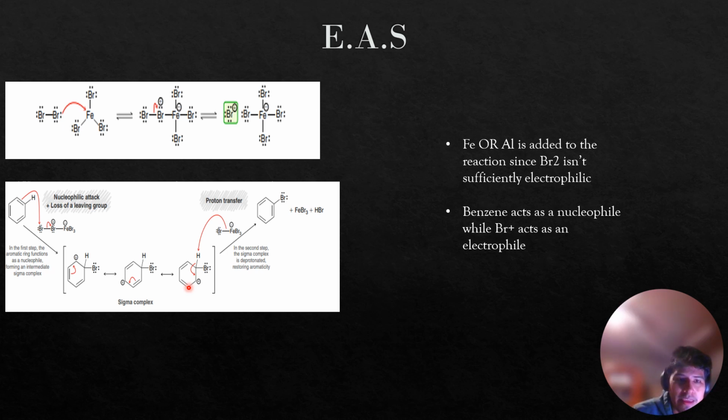Then the iron tetrabromide attacks the intermediate, restoring the aromaticity, giving us our final product, which is a halogenated benzene ring and our iron tribromide. In these reactions, the iron tribromide actually acts as a catalyst.